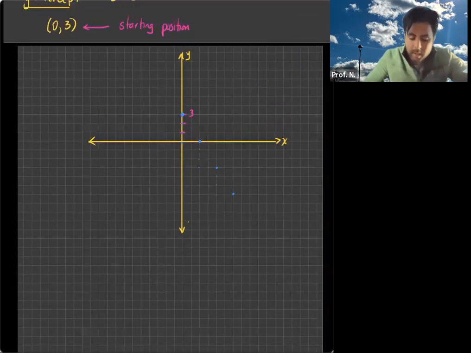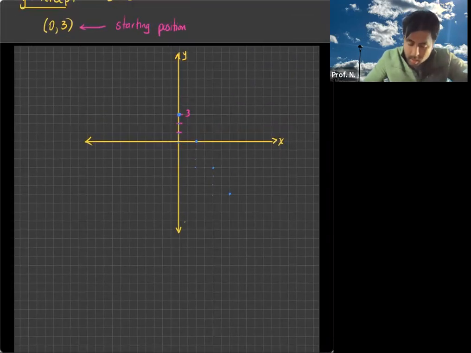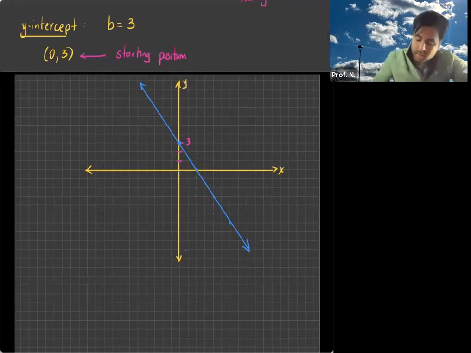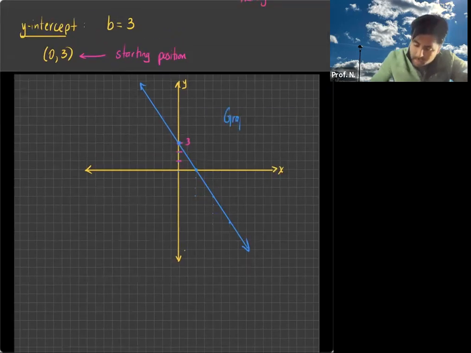And then I can make a nice straight line that goes through these 4 points. Let me just adjust this a bit, and then voila. This is the graph of my line. So this is the graph of 3x plus 2y equals 6.